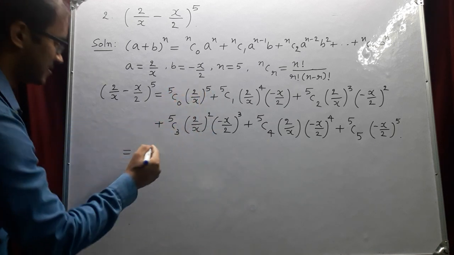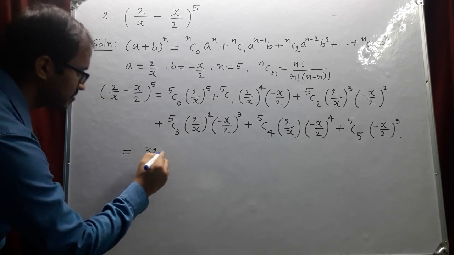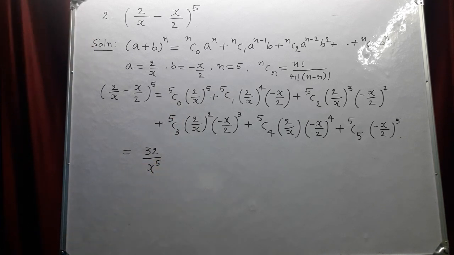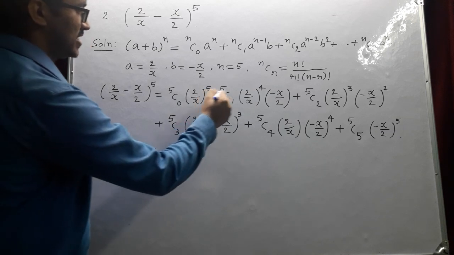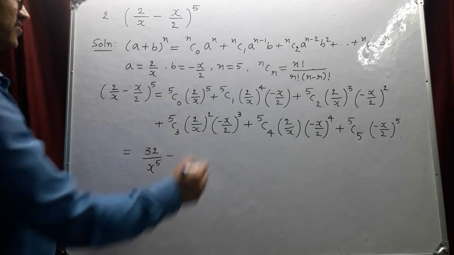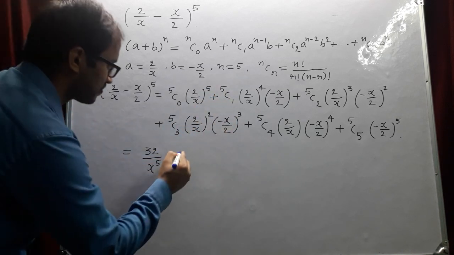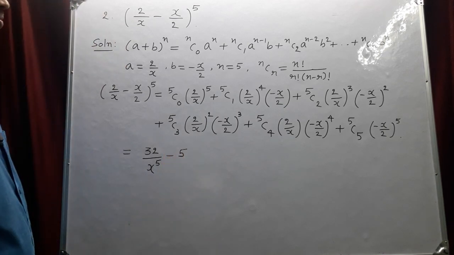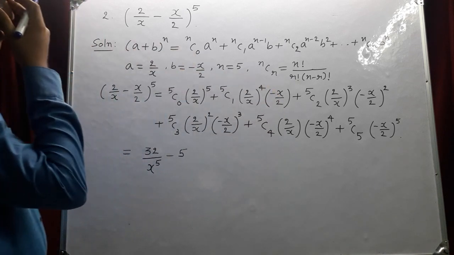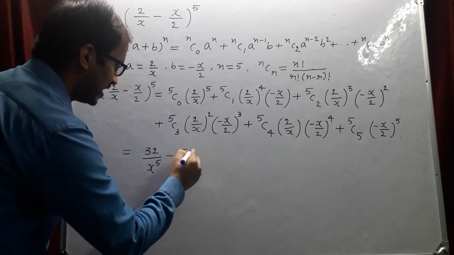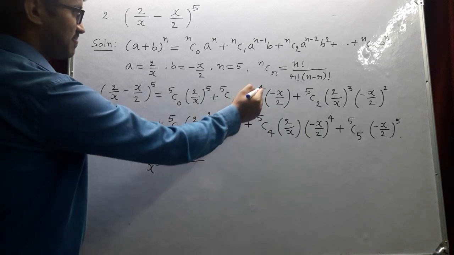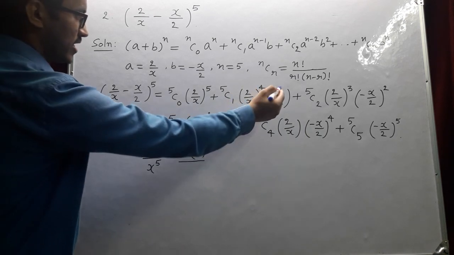So 2 power 5 means 32 by x power 5, plus into minus becomes minus 5c1. 5c1 value is 5 into, see here, 2 power 4 divided by 2, that is 2 cube. 2 cube becomes 8 divided by x power 4 into x.